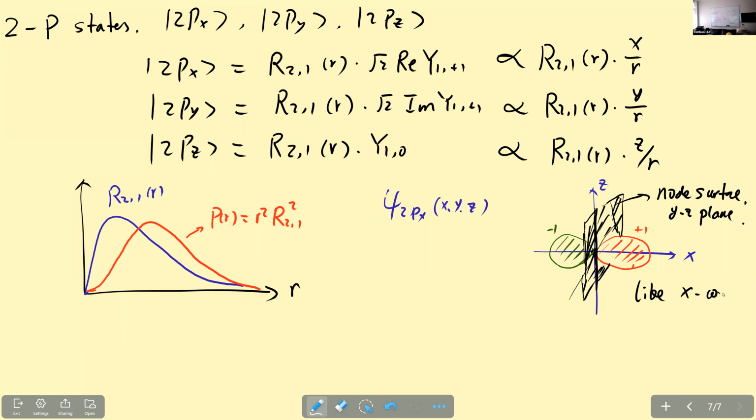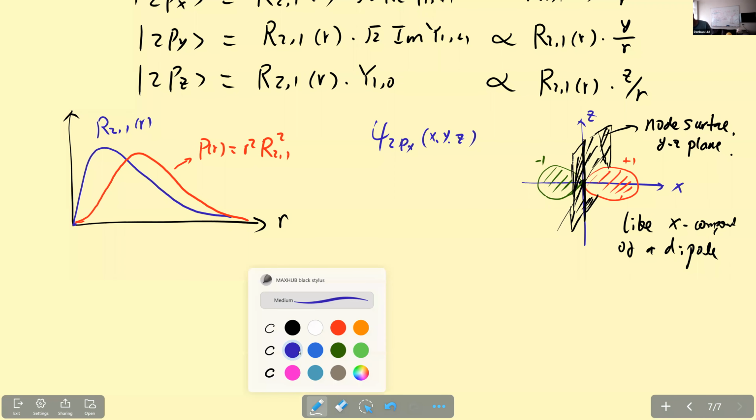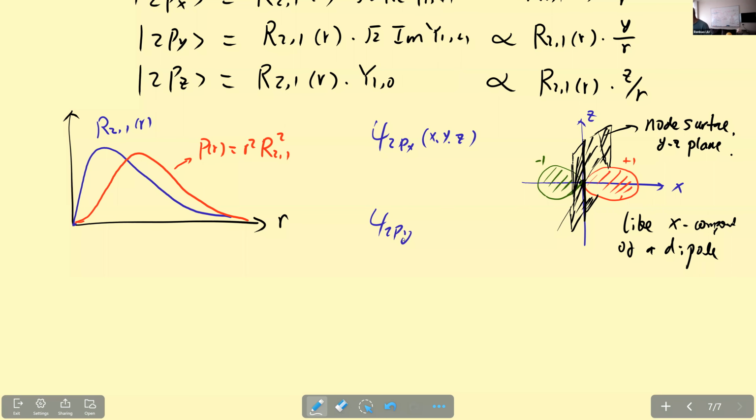It's like the x component of a dipole. There's positive on the right x and negative on the left x. Similarly, you can have other states because they are just the same. So 2py will be something like this.